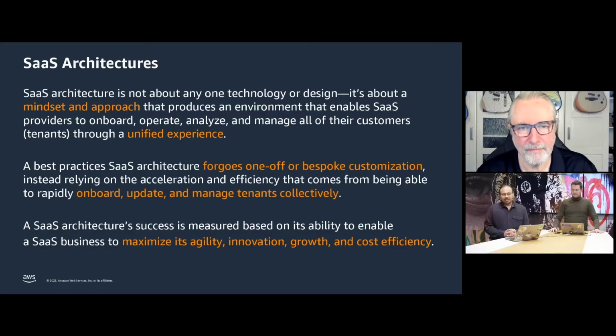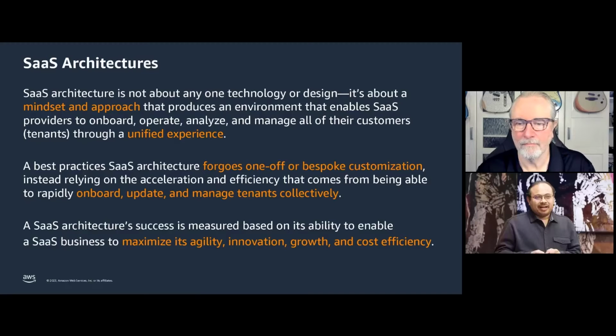When we talk about SaaS applications, I would like to first start by saying the approach towards building or thinking about SaaS applications should be business first. It's a business approach where we use technology as an enabler. So it's not just an architectural pattern, but an entire mindset and approach that enables software companies to onboard, operate, and manage all of their customers, providing a unified experience for all of them.